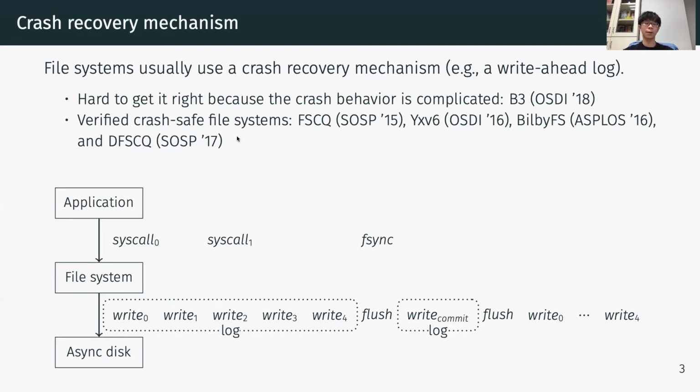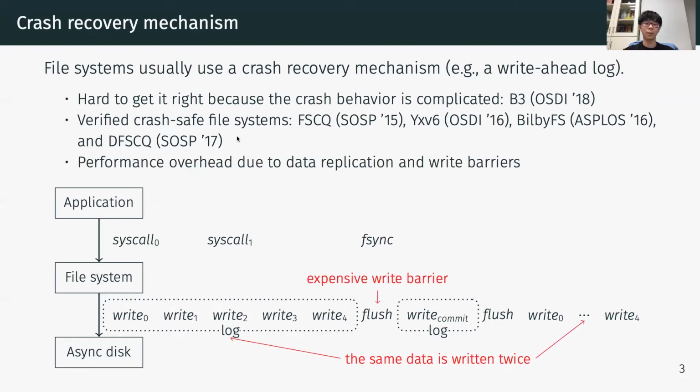As a result, a significant amount of research effort is devoted to eliminating bugs in file systems with formal verification. Besides, crash recovery mechanisms also incur performance overhead because data are written twice and expensive write barriers are required to enforce the write order, for example, between the journaled data and the commit record.